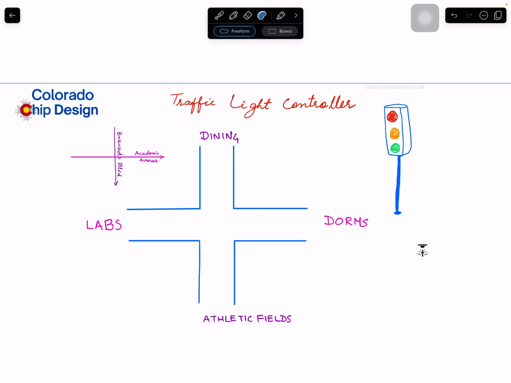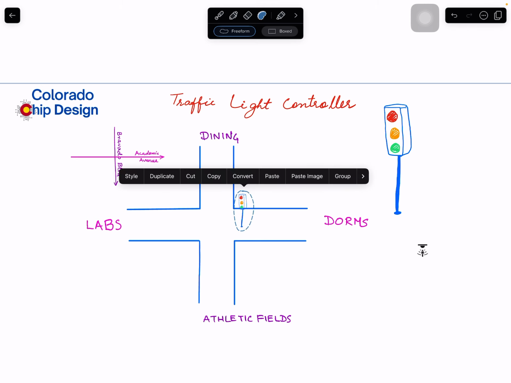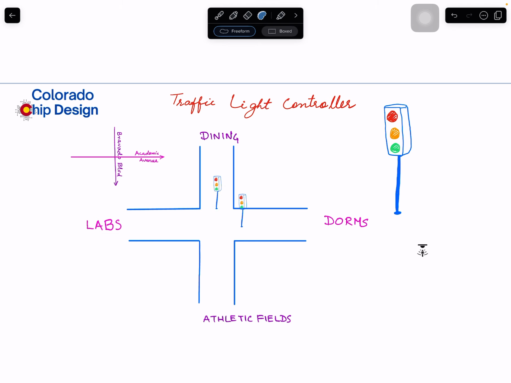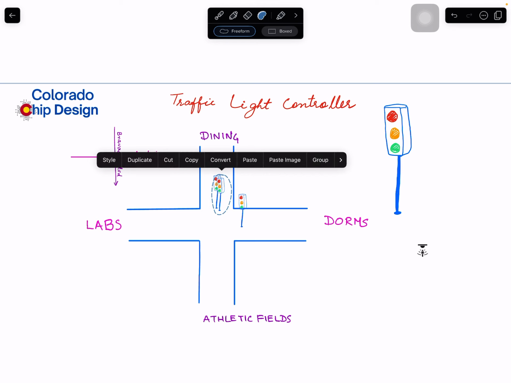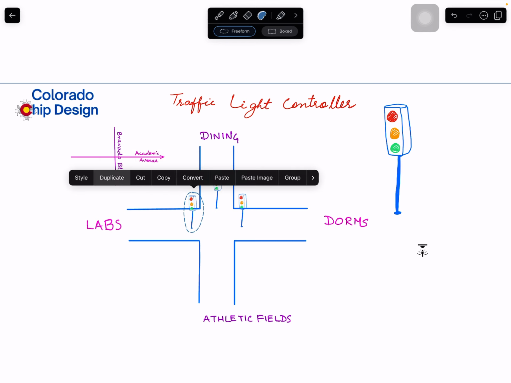Copy, and we can paste. I need to make it small. We have one here, not in the middle of the road. Of course we will have a properly installed pole. I want to put it in the middle so that you can understand. One here, one here, one here.